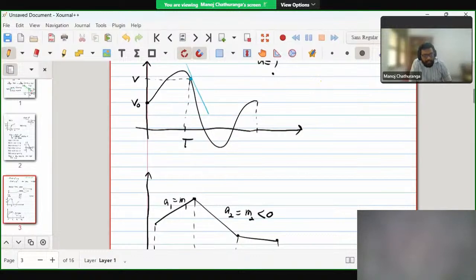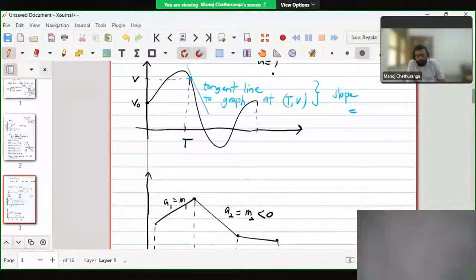The line touching the graph at this point. So this is the tangent at T comma V. Let's say this is T. So the slope of this line is the acceleration of the object at this point.